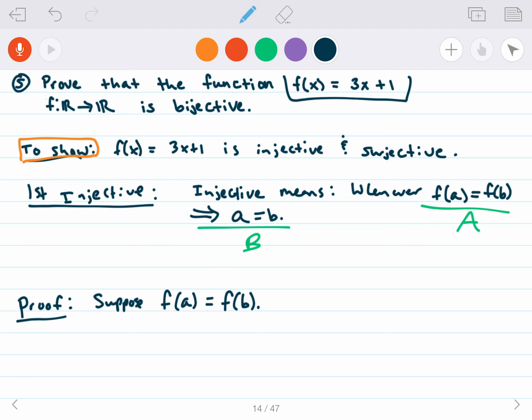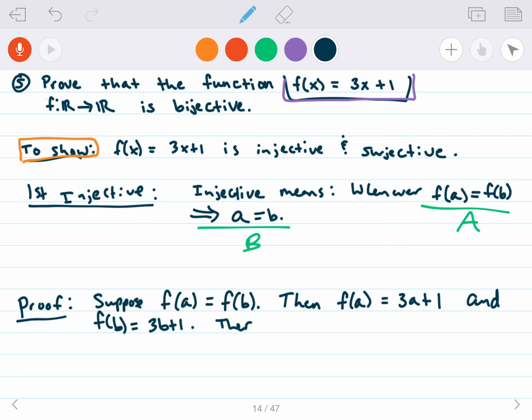Now, what does that mean in our terms? We just plug in a into our function and b into our function. Then we have the following. We have f of a equals 3a plus 1, just plugging in a for x into our function. And I'm just writing it all out. Equals 3b plus 1.